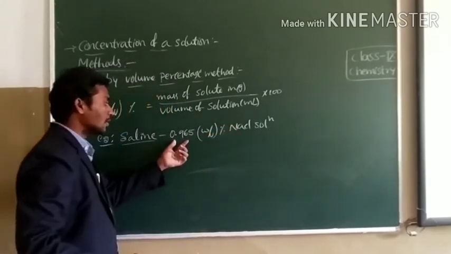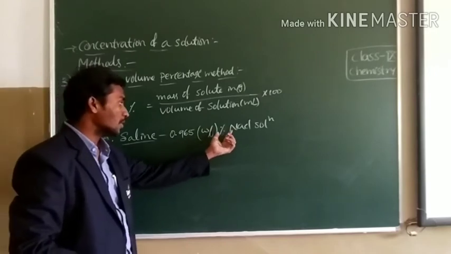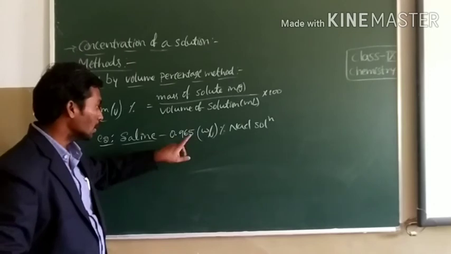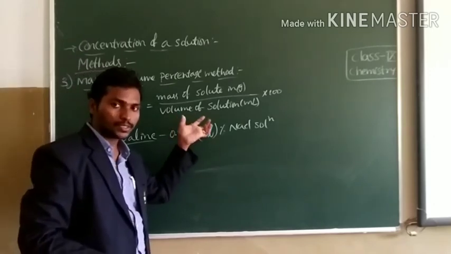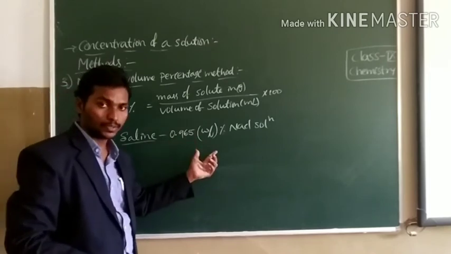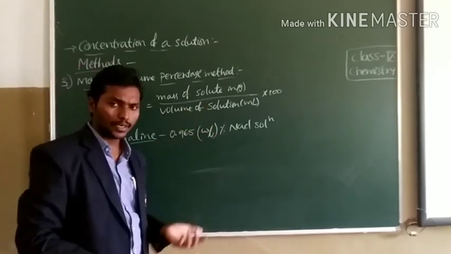That means in the solution, the mass of NaCl is 0.965 grams and the volume of the solution is 100 ml.